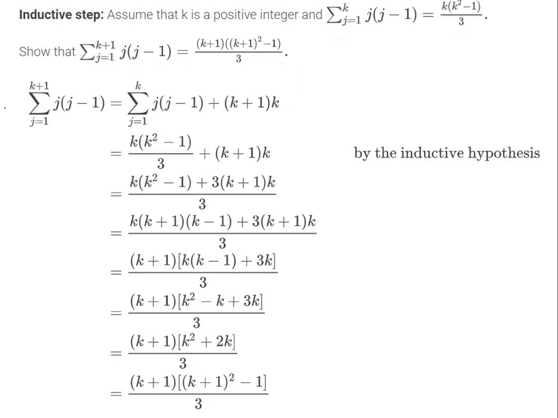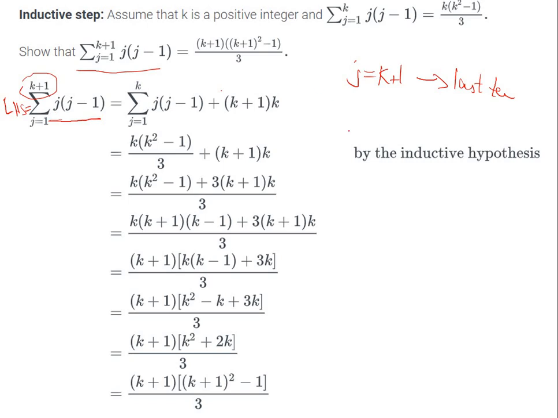Now, again, we start with the left-hand side, right? So this is our left-hand side of this equation. And again, that step where you have to separate out the last term. The last term is when j is equal to k plus 1. So you again take this factor and plug in j equals k plus 1.